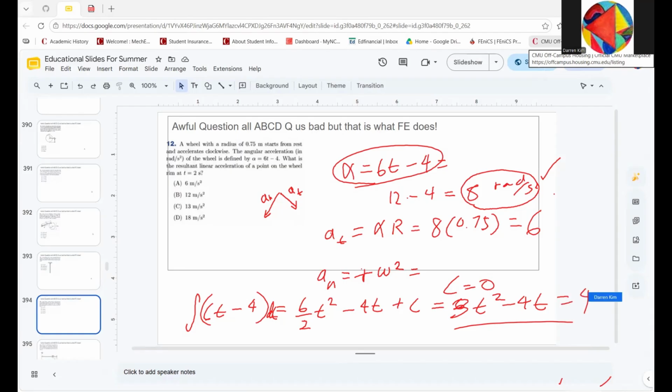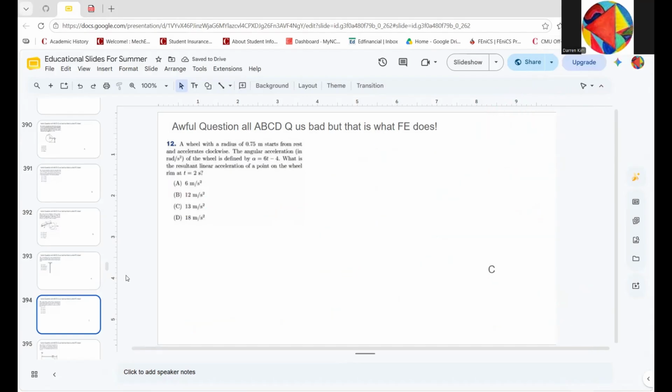And this equals 4 squared, multiplied by r, which is 0.75, is about 12. And then we do the square root of 6 squared plus 12 squared, which equals 13.4. Which is C.